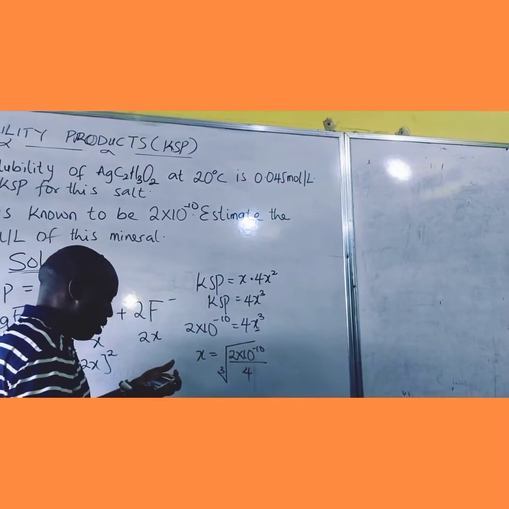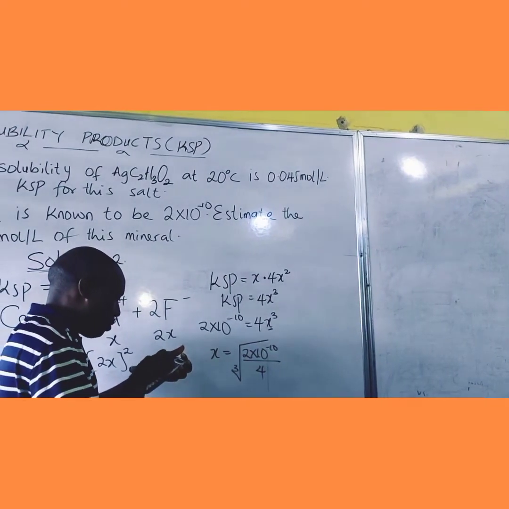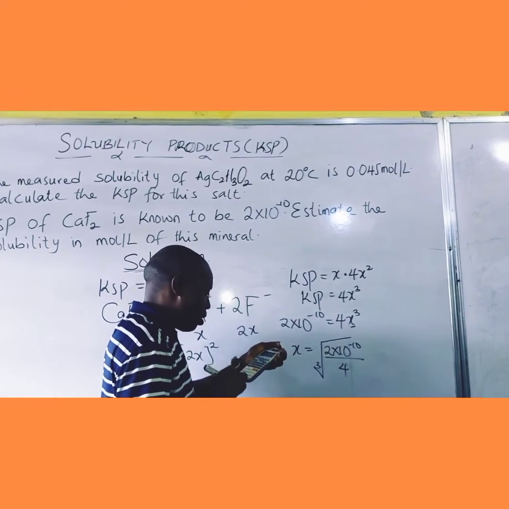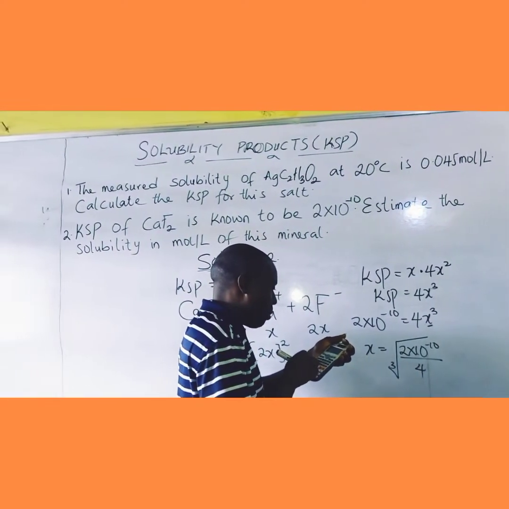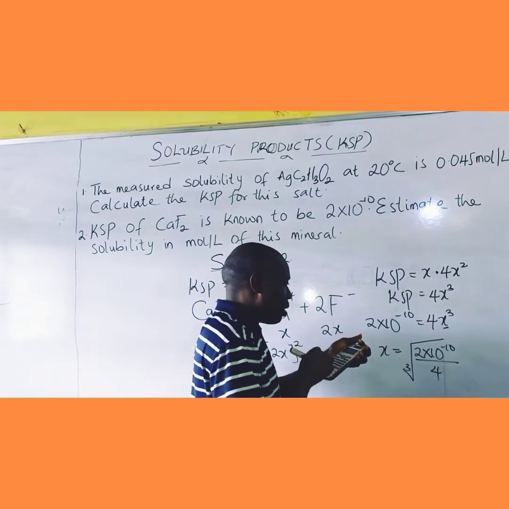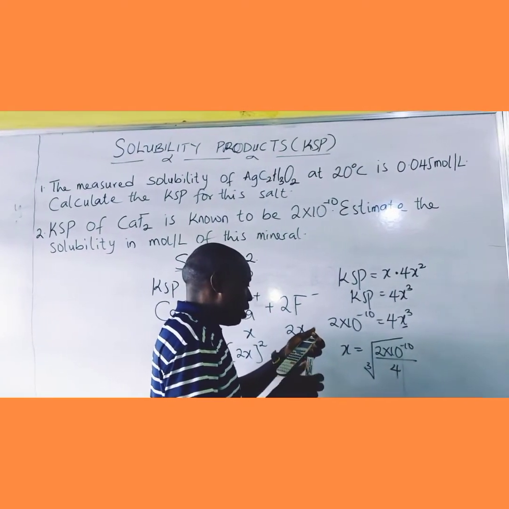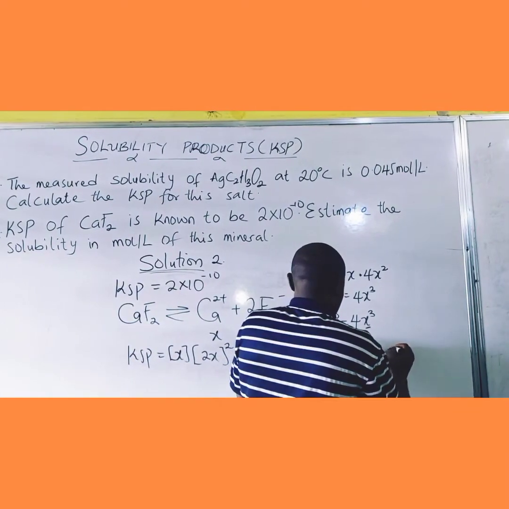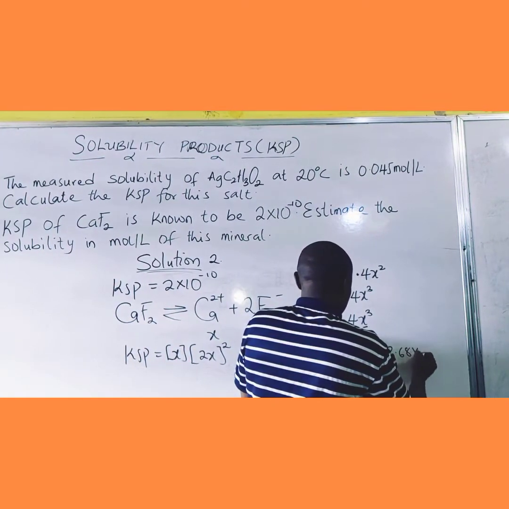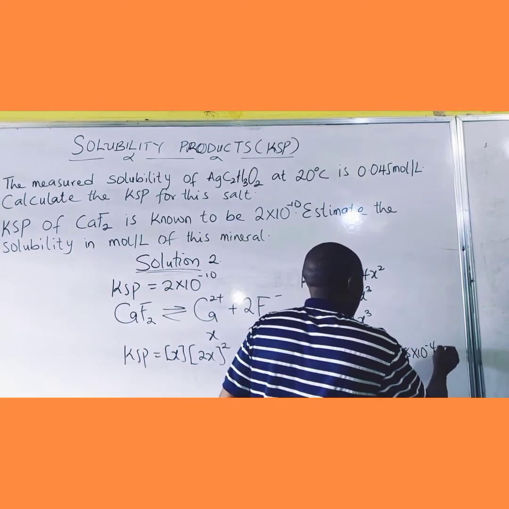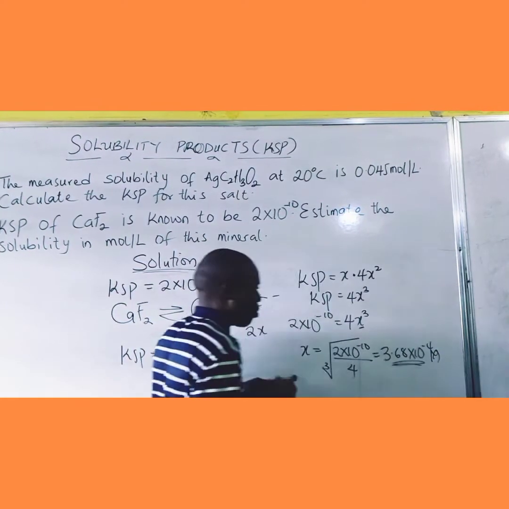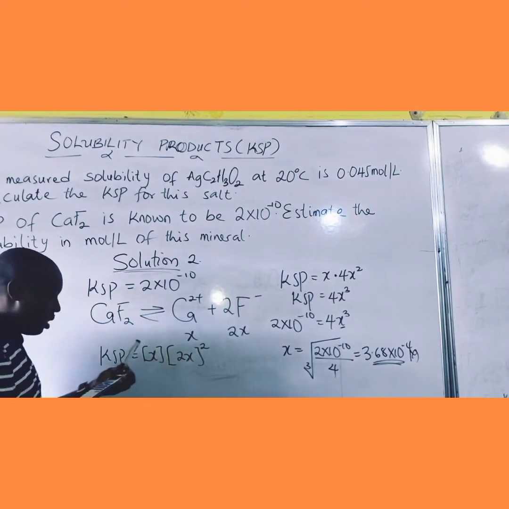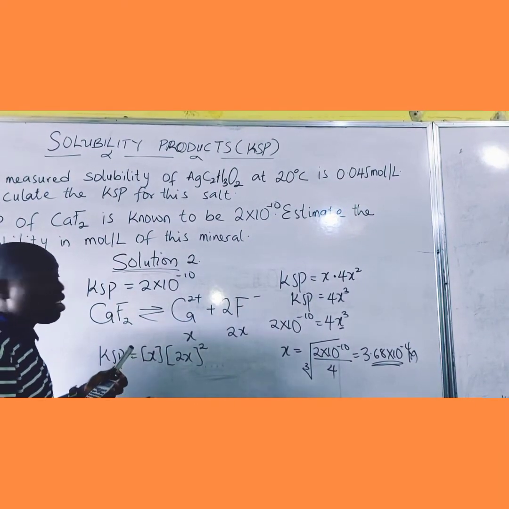When that is done, the final answer should be 3.68 times 10 raised to the minus 4 molar concentration. Again, please look at the steps that are involved. It is very, very simple.